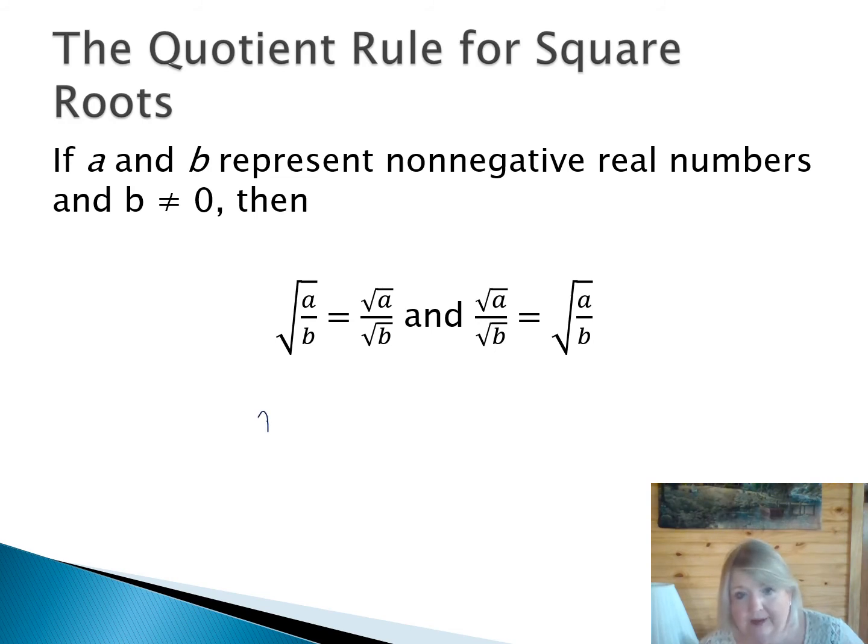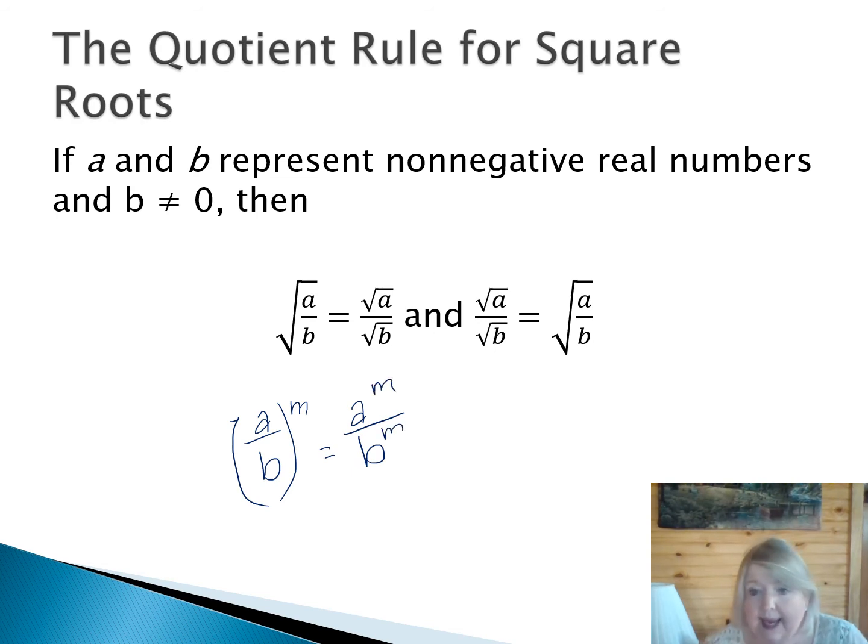Again, these are identical to the exponent rules because the square root is the 1/2 power. Your quotient rule for exponents looked like this. So this is the same rule. It is the exact same rule. We're just extending it into the square roots.